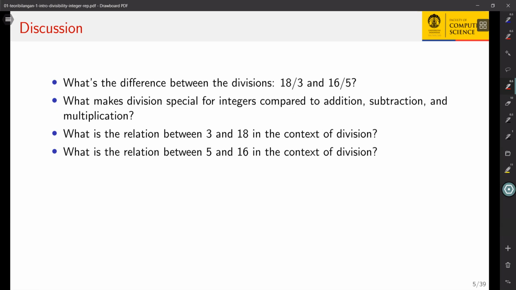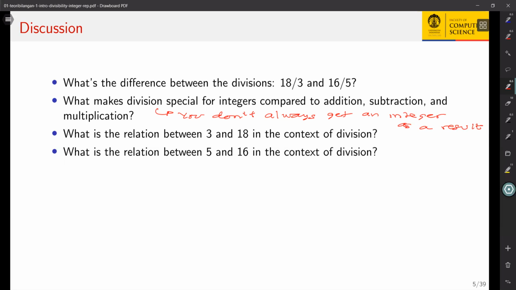All right. So that is what makes division special. Because division, in comparison to addition, subtraction, and multiplication, when you perform division on integers, you don't always get integers as a result.